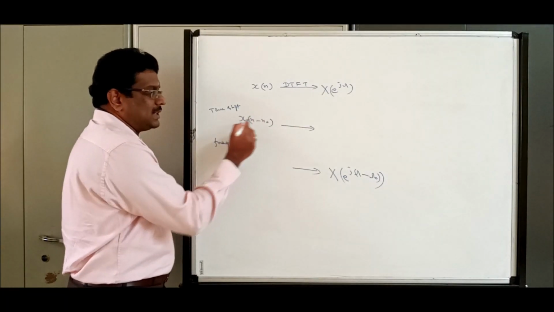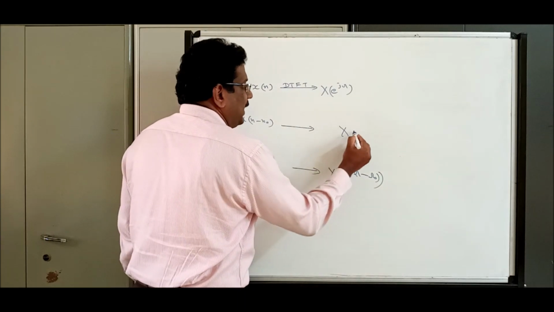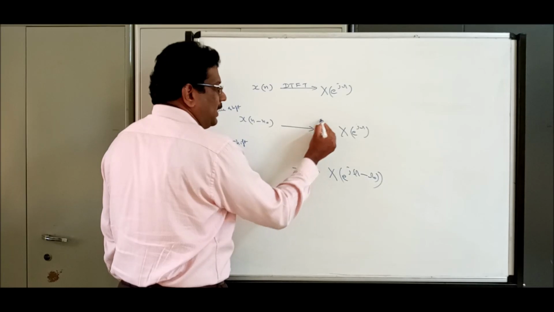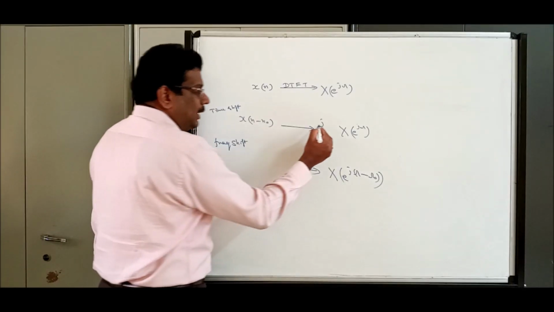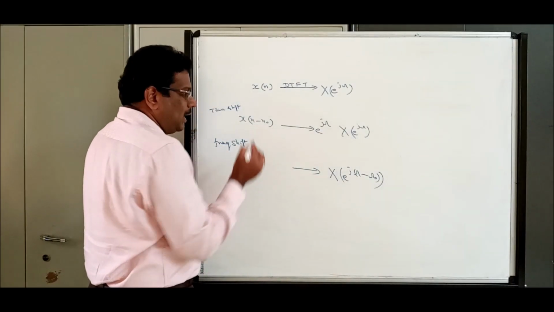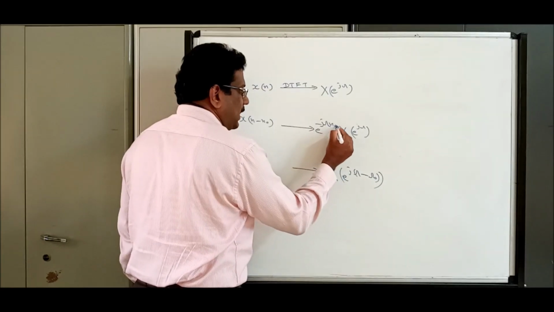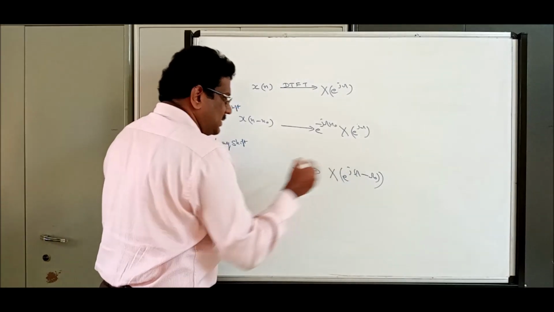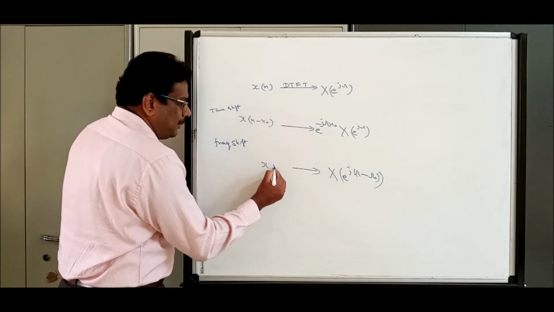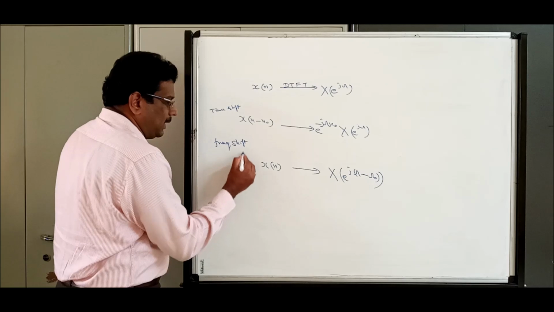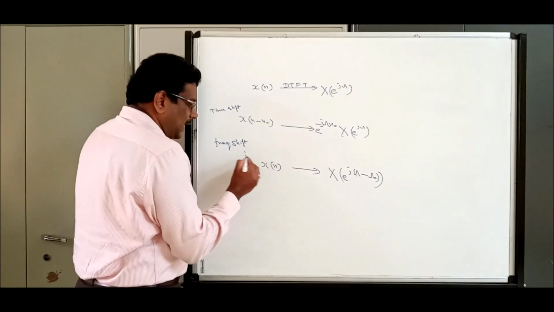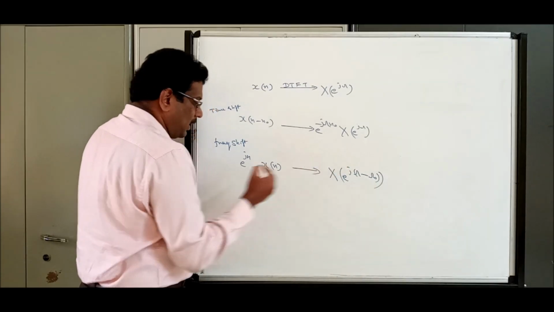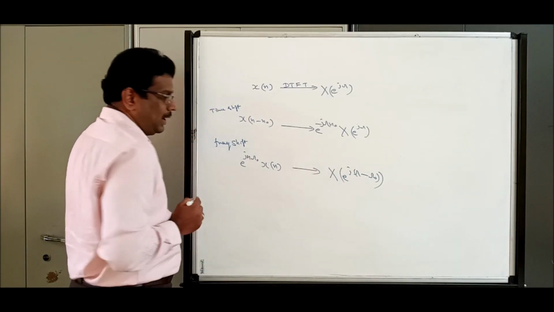If time domain is shifted, in frequency domain we have to multiply by e power j omega, how much shift, minus n naught. If frequency domain is shifted, in time domain you are multiplying by e power j n omega naught, so the shifting is minus omega naught, and it is plus omega naught.